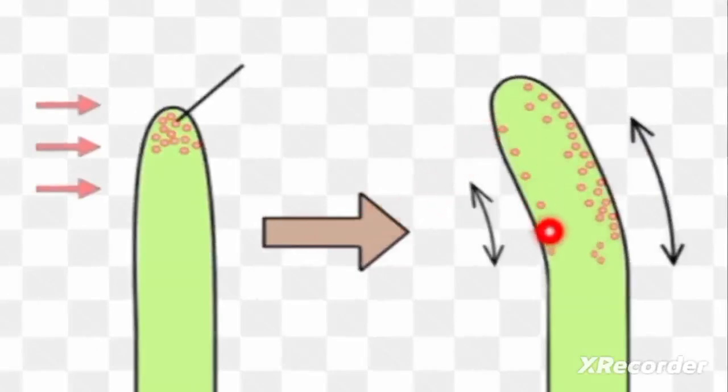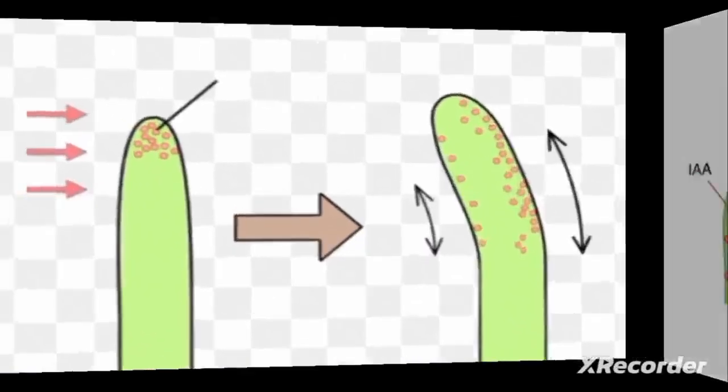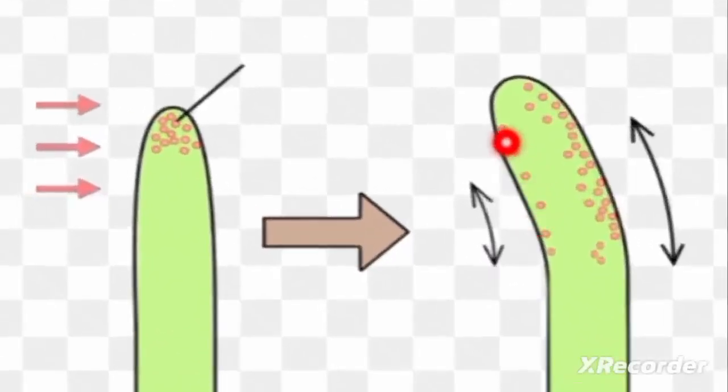So we can see that a high concentration of auxins is moving away from light. As a result, the shaded part will grow more than the illuminated part.